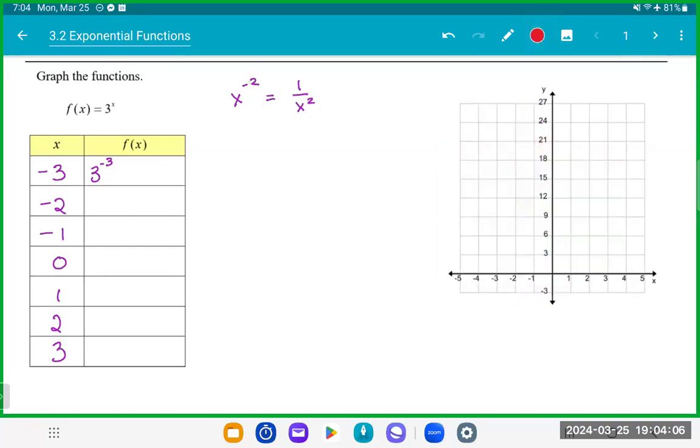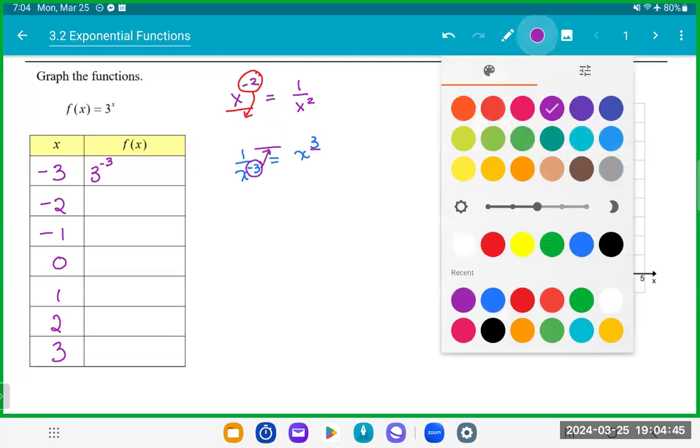So when I have a negative exponent, I can bring it down to the denominator and the sign of the exponent changes. Similarly, if I had something like 1 over x to the -3, that is the same as saying x cubed, because when I have this negative, I can bring it up and make it positive. Okay, so just a quick refresher.